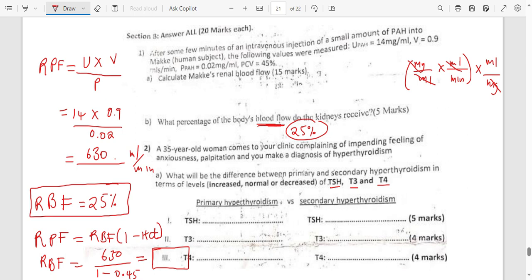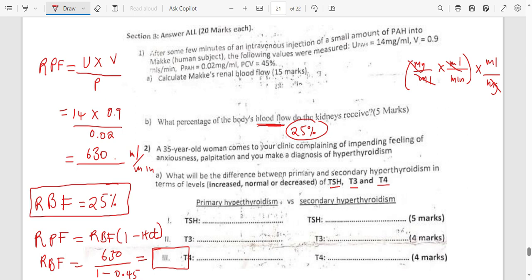Remember this is hyperthyroidism, meaning that we are producing too much thyroid hormone. For primary, since the problem is with the gland itself, the gland is producing too much T3 and T4, so those are high. The pituitary gland is just producing normal TSH, so the TSH is low.